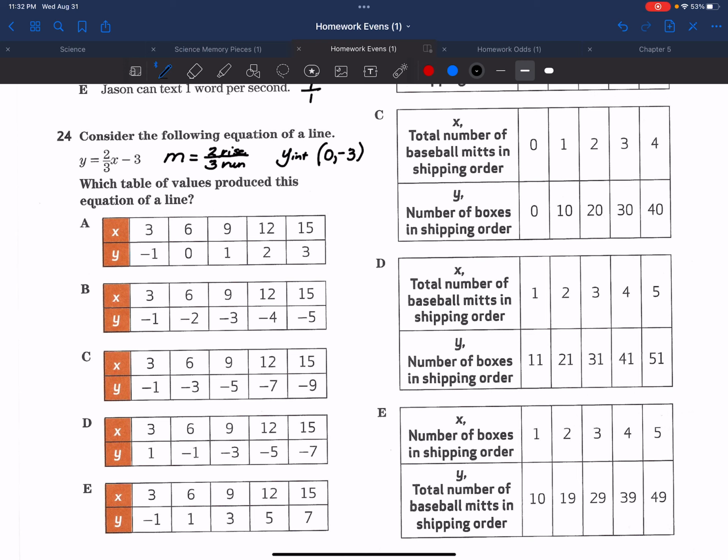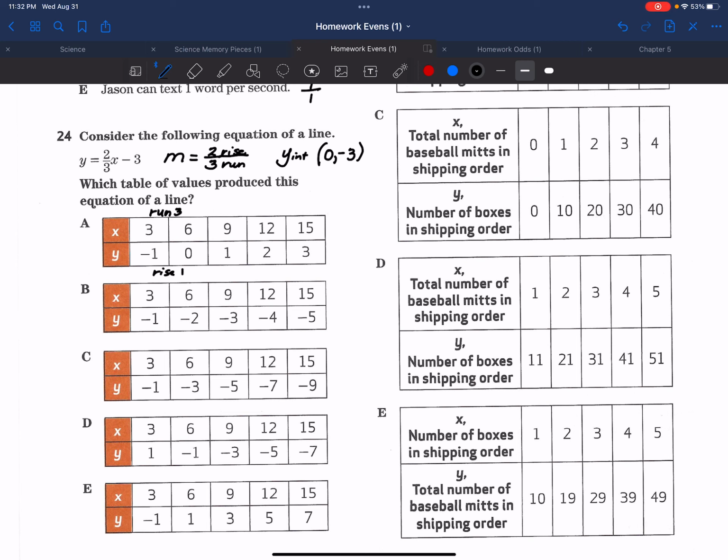But I can't. The y-intercept is not shown on any of the tables. So we're going to have to operate on rise and run. Now remember, x is run. So x, run 3, y, rise 2.